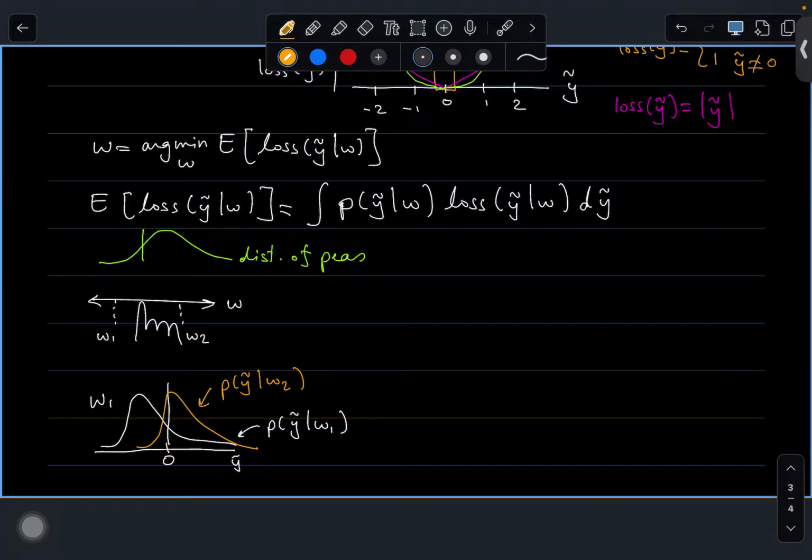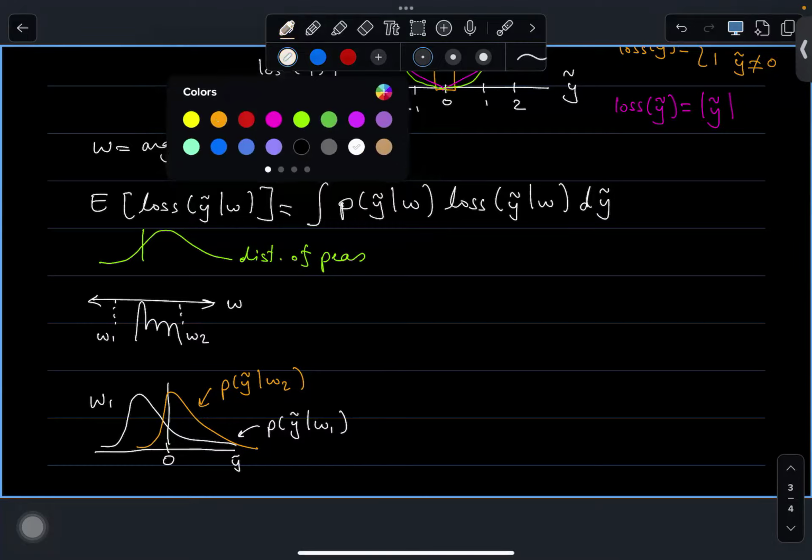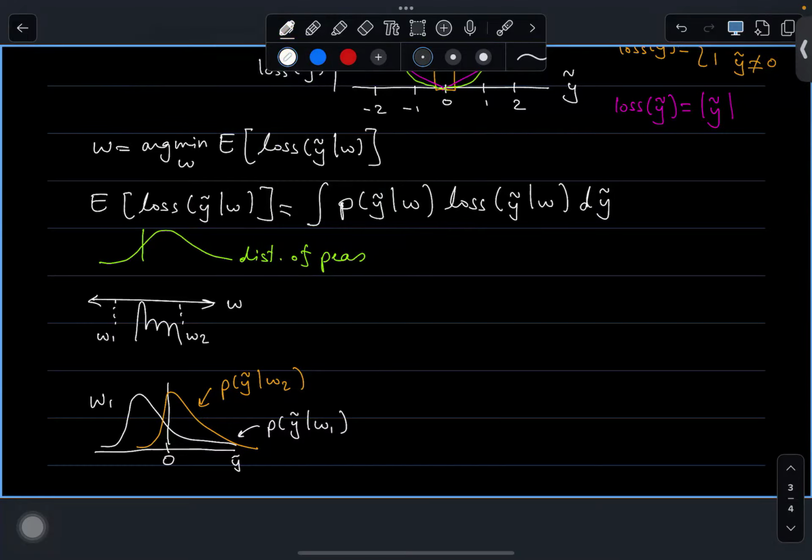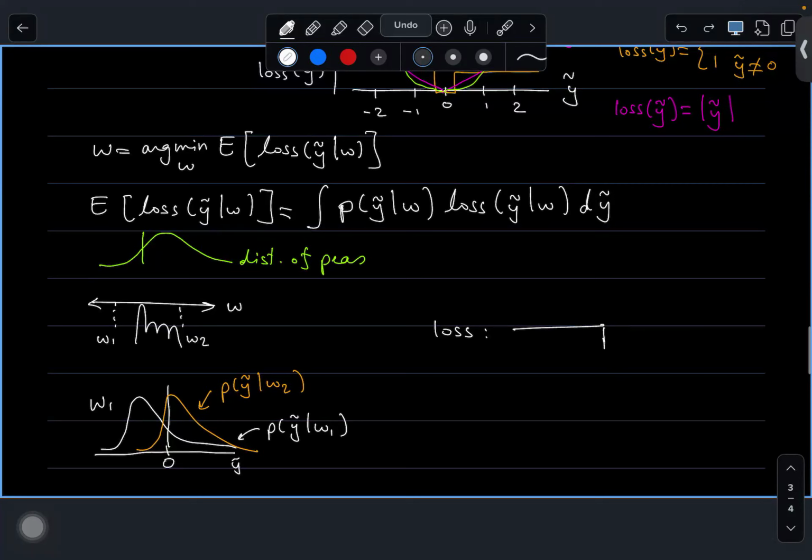Now, I have my target at some location. So what does it mean to try to find the W that minimizes the expected value of this loss? Suppose my loss is this amusement park loss. The only thing that matters to me with this loss is whether I get inside the target or not. Nothing else matters. I don't care how far they miss the target.